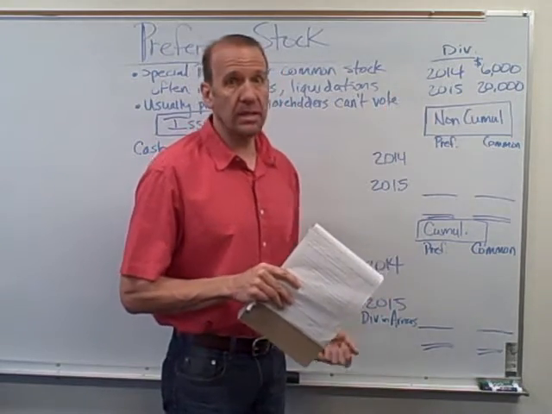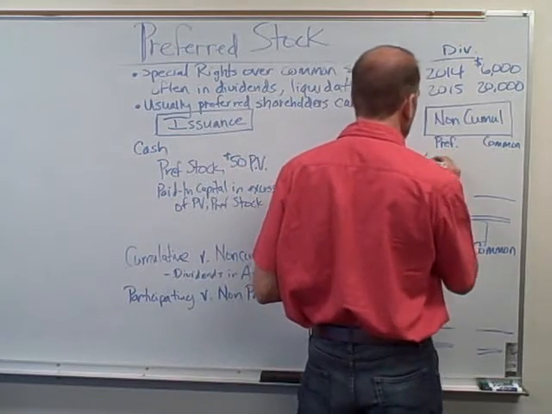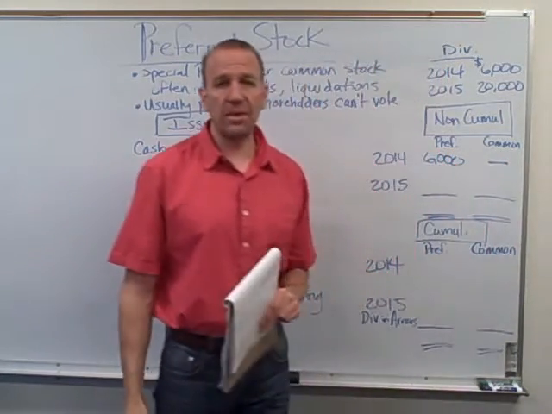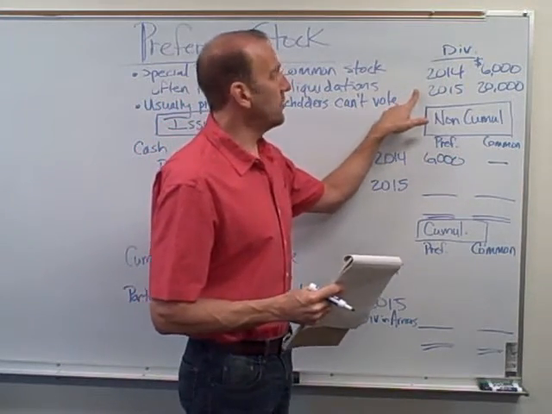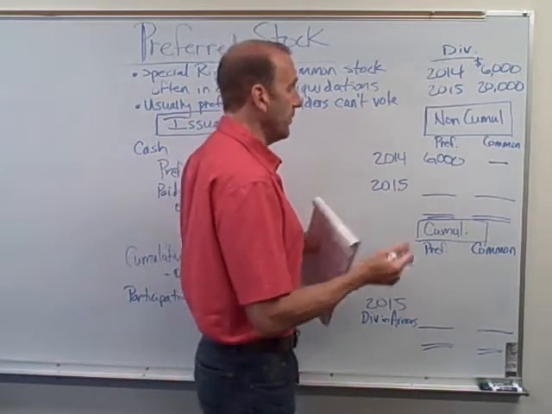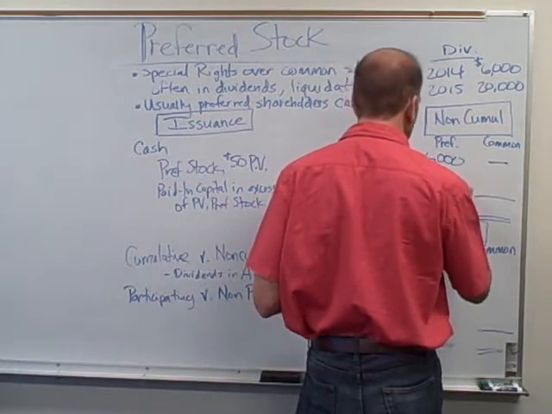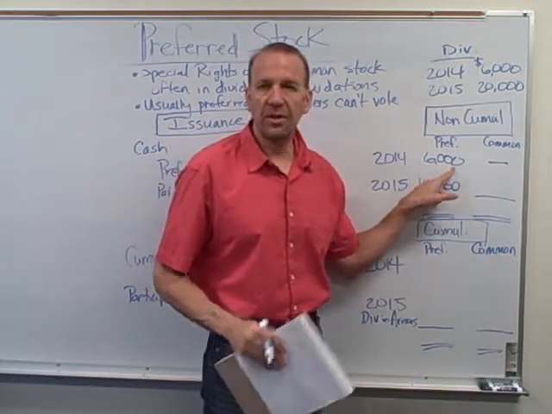In 2014, there's only $6,000 of dividends, so all of that will go to the preferred shareholders, and nothing will go to the common shareholders because there's nothing left over. Now, in 2015, they're going to pay $20,000. The preferred shareholders have the right to the first $10,000, so they get $10,000. This is non-cumulative, so the $4,000 that they lost in 2014, they're not going to get.